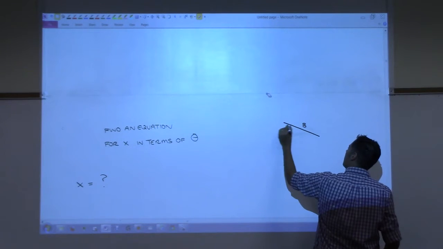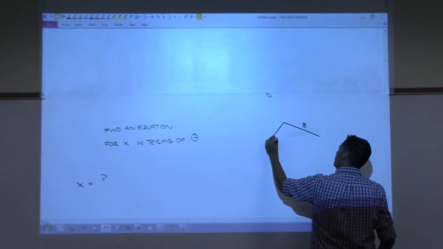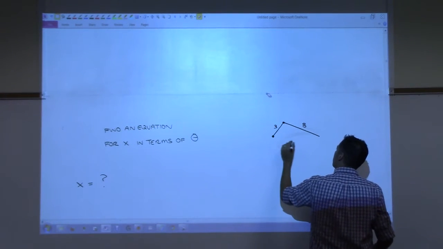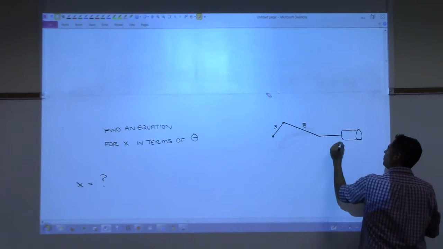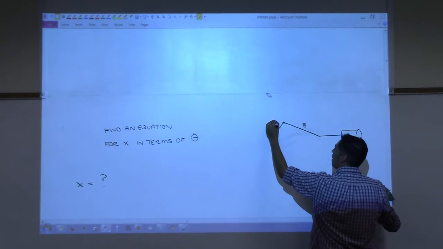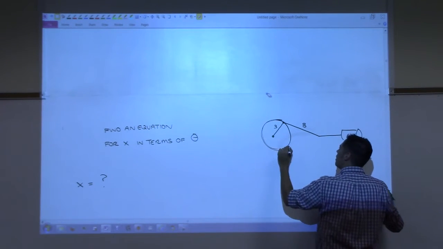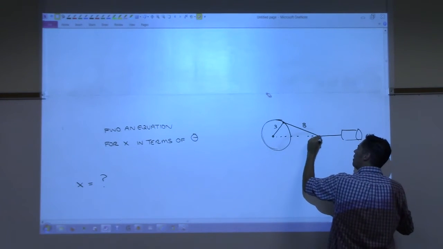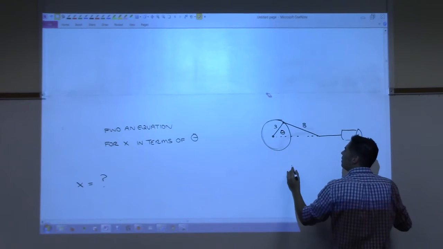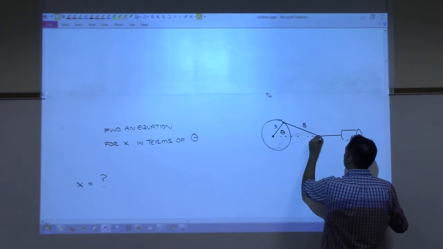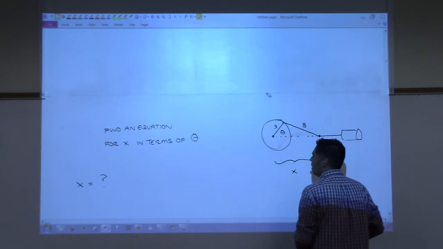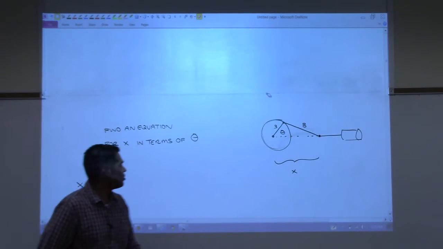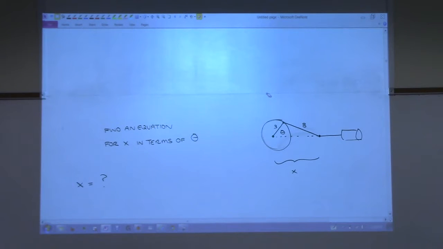This was 8, right? This was 3. This was our piston. And then we had our crankshaft here. We had theta here. And what am I missing? Oh, x was the distance from here to here. Okay, so let's try and come up with some relationships we have here.